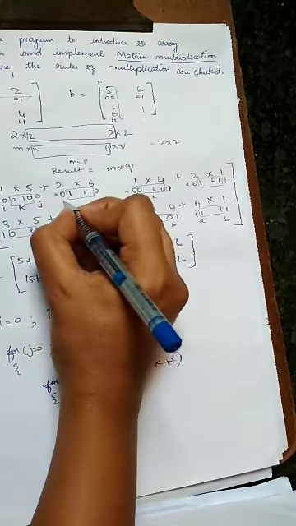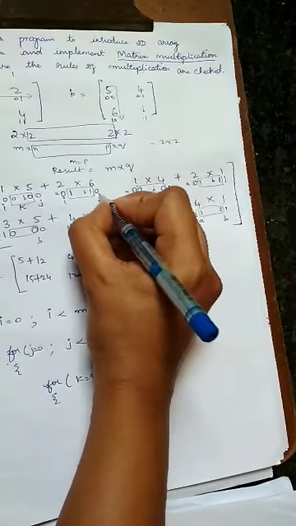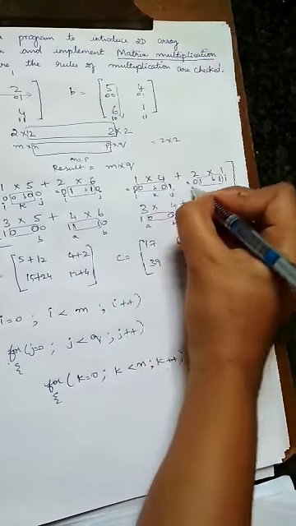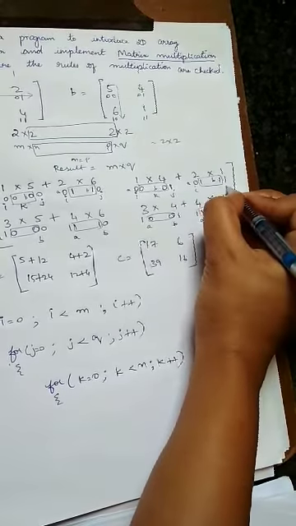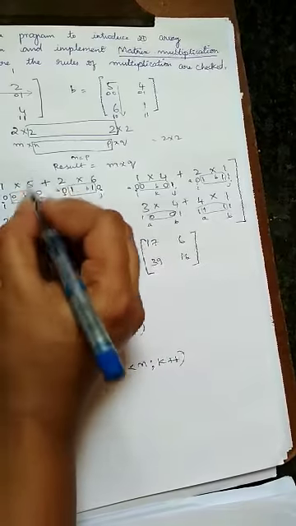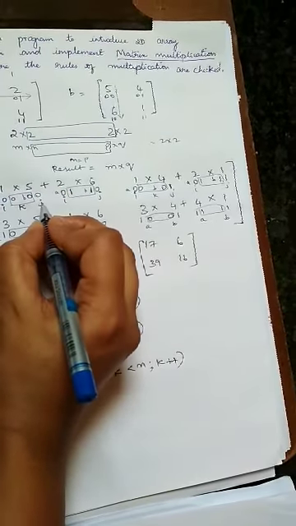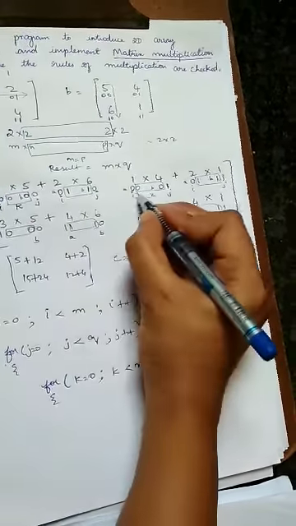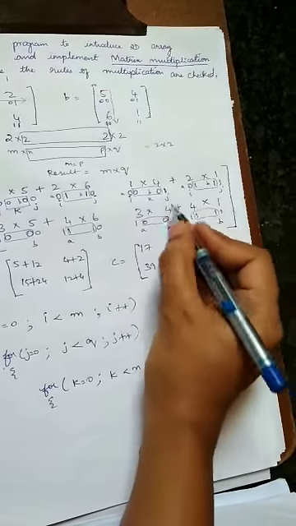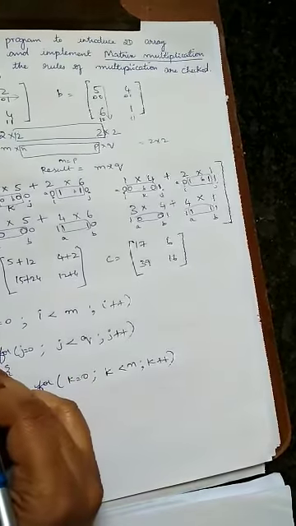The i value is 0 here, j value is 0 here. i value is 0 here, j value is 1. You can observe that this part is 0 row and 0 column, no? So i and j is 0. Whereas this is 0 row and first column, so i is 0 and j is 1.